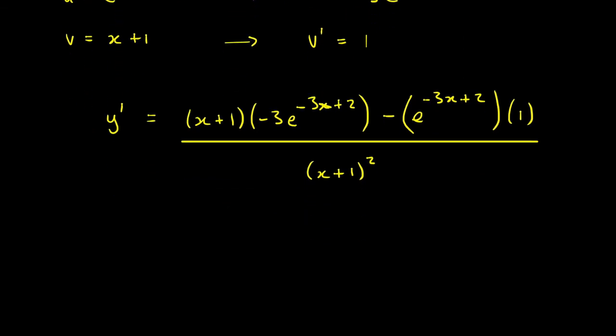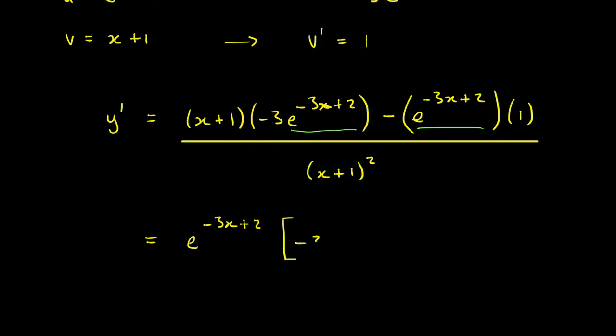All right then, now I seem to notice that we have got a common factor here of e to the negative 3x plus 2. And so what I'm going to do is factorize that out. So I get e to the negative 3x plus 2, big bracket.